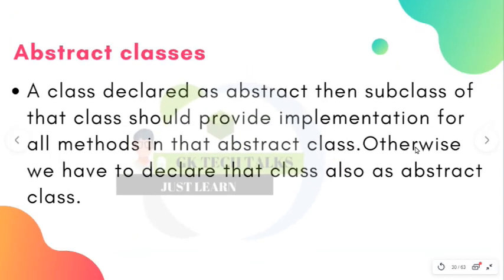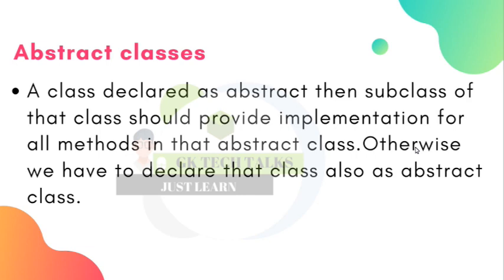If a class is declared abstract, then the subclass of that class should provide implementation for all the methods in that abstract class. That means if you have an abstract class with multiple abstract methods, and a class extends your class, then the subclass needs to provide the implementation for all those methods.